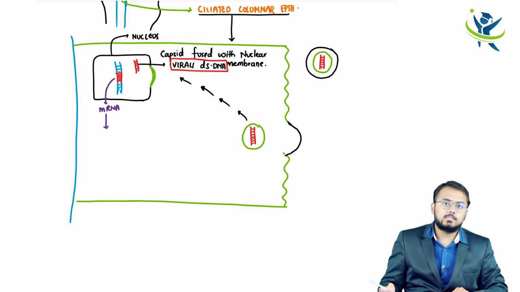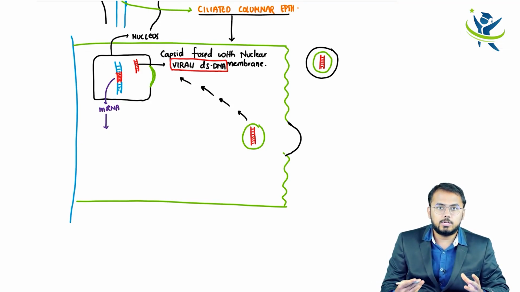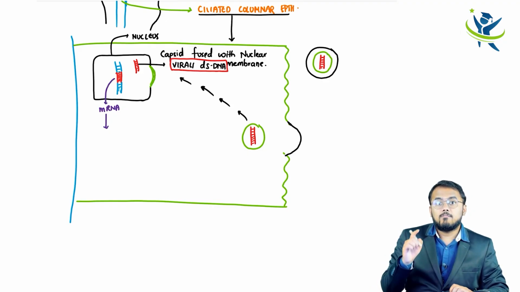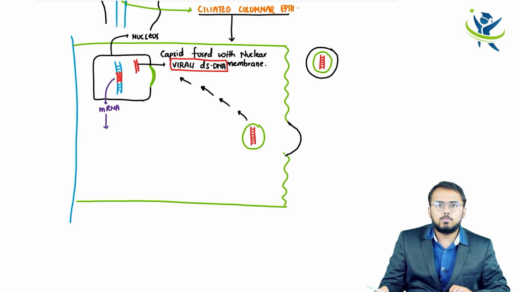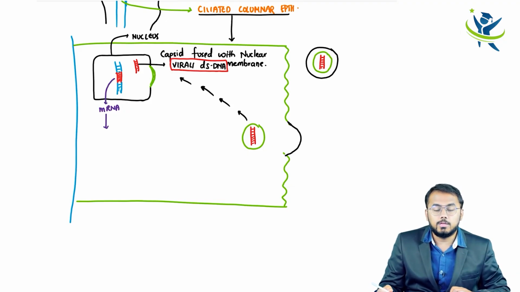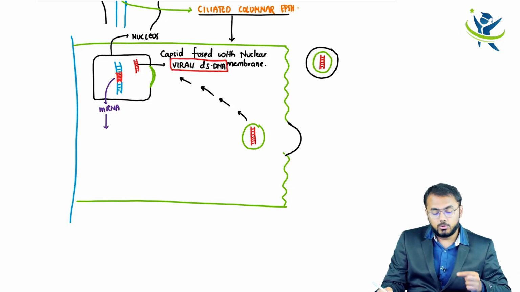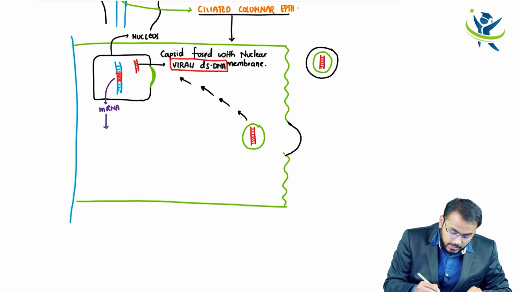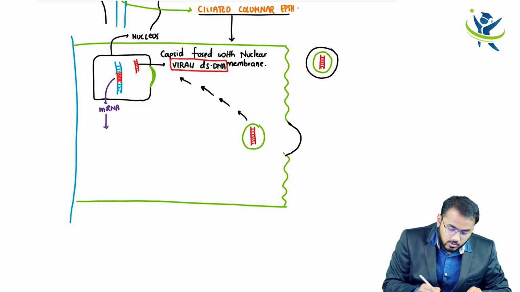But in this case, as the viral DNA has completely manipulated your host DNA, this mRNA is going to release viral proteins, not the normal proteins useful for your body. It is going to release lots and lots of viral proteins, I mean lots and lots of capsid molecules, in this way.